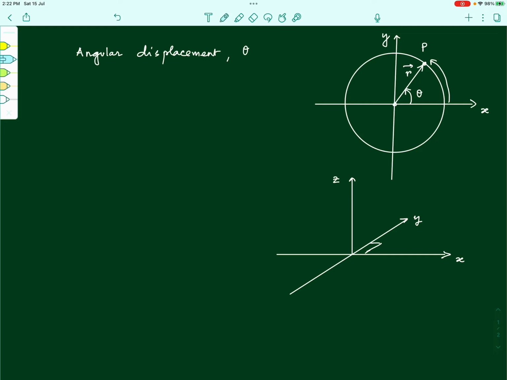So, if there is this body which undergoes a circular motion like this in the xy plane, centered at, let us say, the origin O, and the body travels a certain angular displacement like this and reaches the point P, the angular displacement theta measured anti-clockwise will have its direction along the positive z axis. This is the direction of angle theta, the displacement. This is a little unusual, but this is how we define it conventionally, because this works for us mathematically. All the expressions that we have take up this direction, and it easily works for us in questions also.